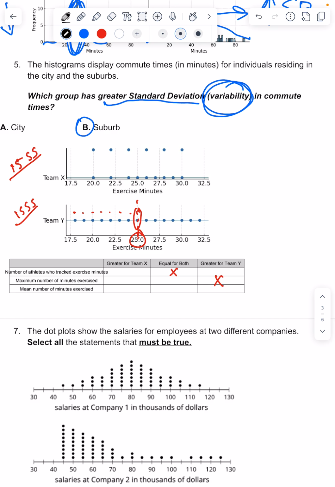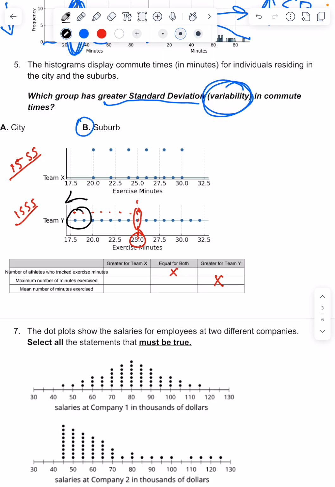Let me verify my notes as well, just to make sure. In this case, we have 25, but for team Y, we could see that we have outliers to the left.